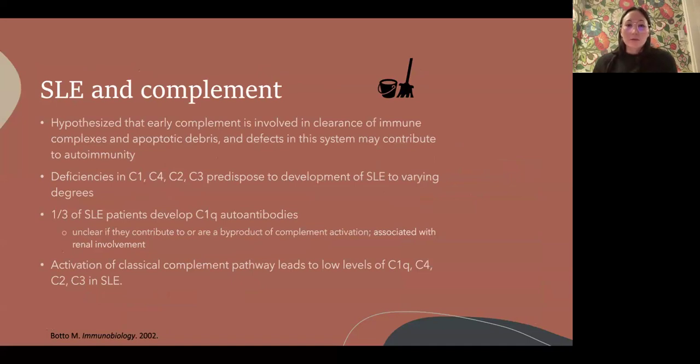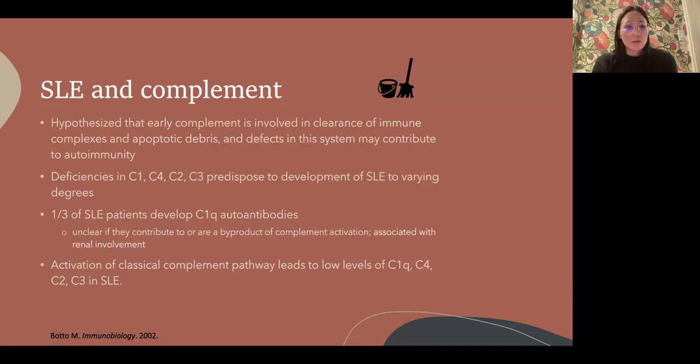And as we talked about, there's varying degrees of lupus risk with these different complement disorders, C1q being kind of the highest risk. And then I was reading some papers about C1q, and they research what it has to do with lupus, but a third of lupus patients in general develop these C1q autoantibodies. But it's not really clear if the C1q antibodies are just a byproduct of activation of complement or if they actually cause disease. But it is associated with renal involvement in lupus.